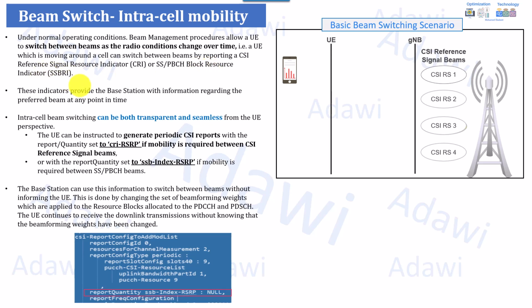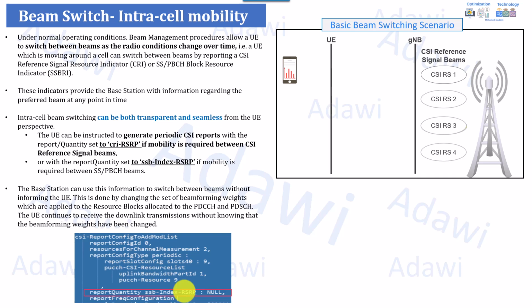What this means is that the gNB will be delivering, within the RRC reconfiguration message, the report quantity, telling the UE I will require you to report either the CRI or SSBRI to be able to judge which beam you are going to be served from.